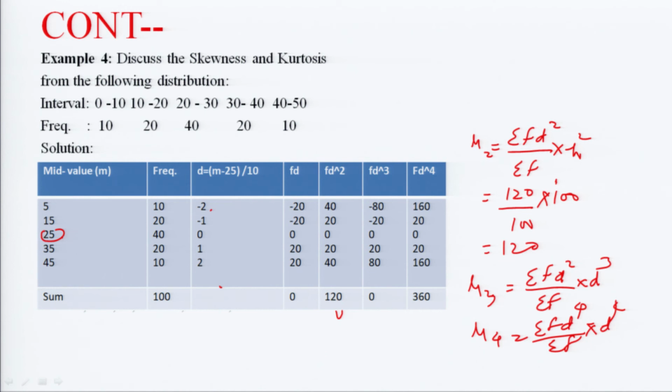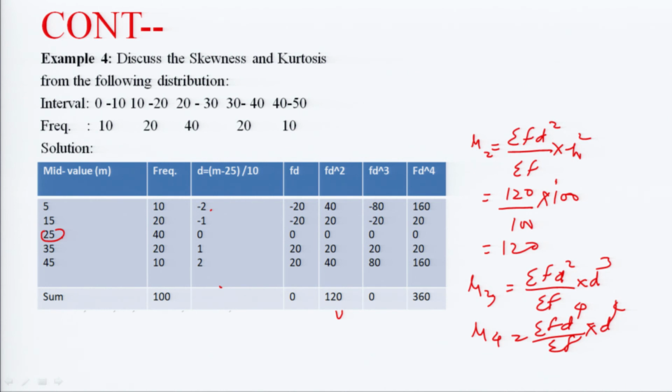F d cube is 0, hence mu 3 is 0, which means the third moment about the mean is 0.